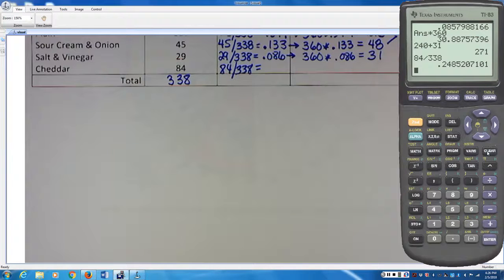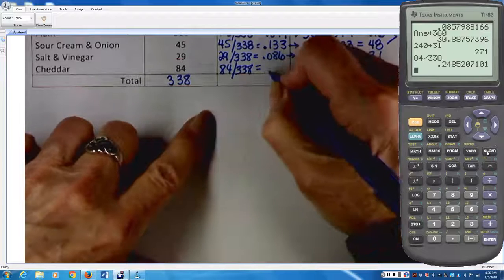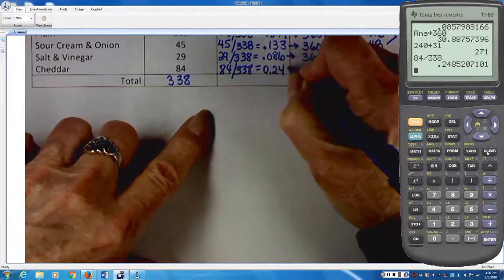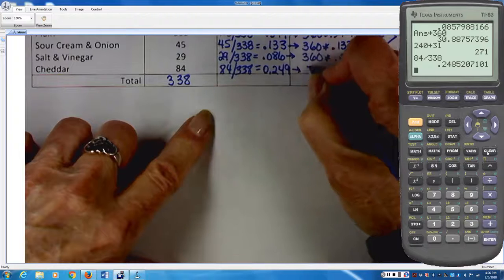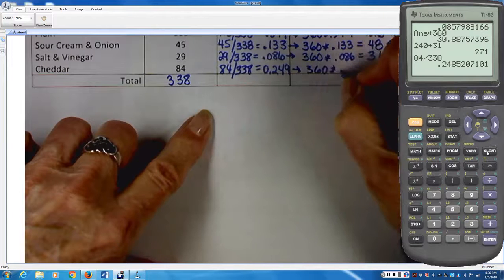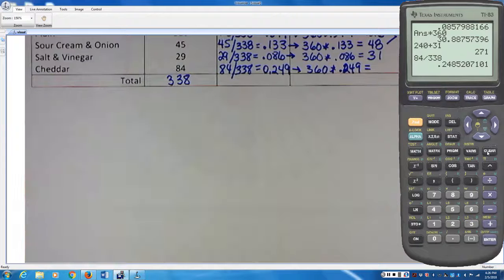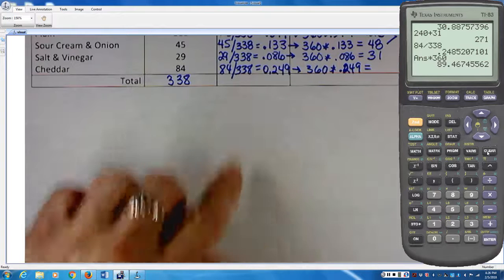That's not quite 25%. And that's about, we'll call that 89 degrees, although it's pretty close to 90.